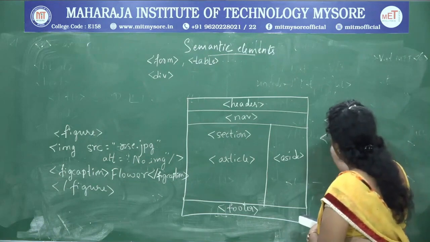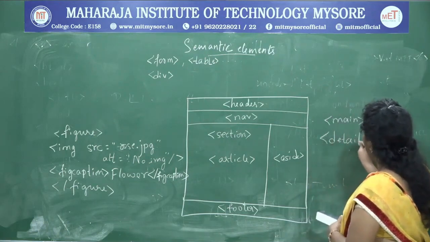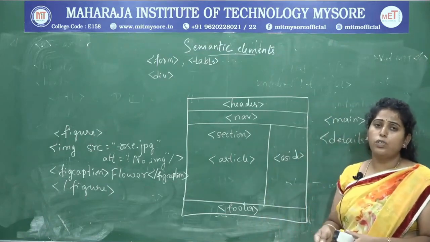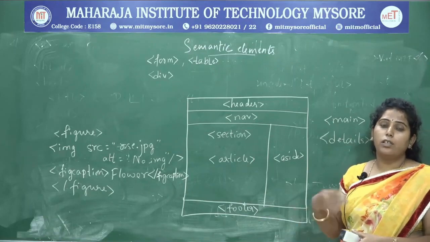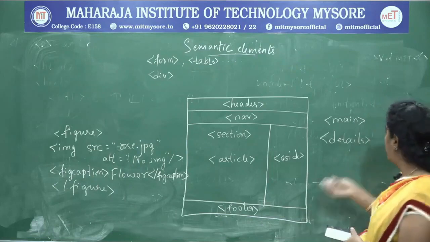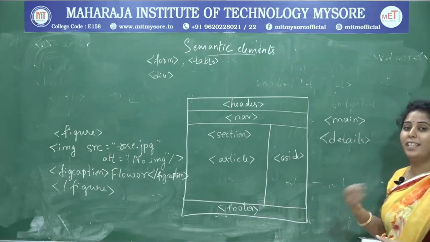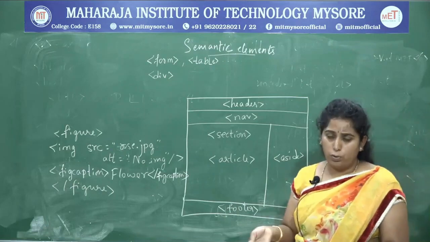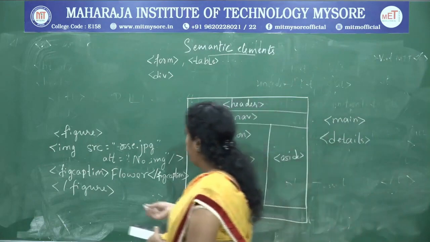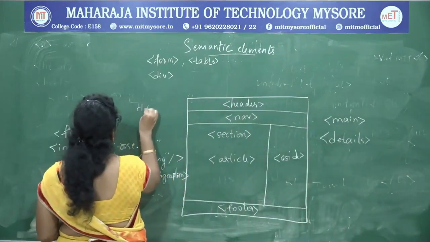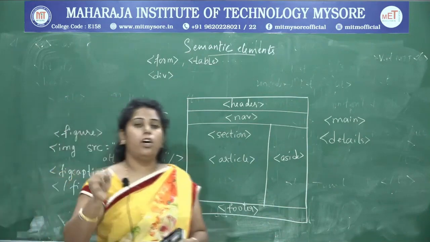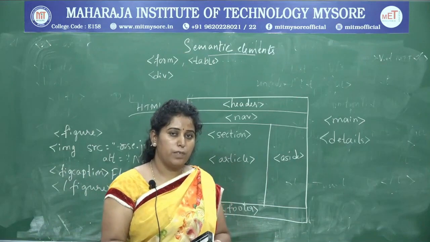So next is about details. Details means which gives the user flexibility. The user, on demand, can open that document or close that document. Okay. So details is used for providing detailed information. It's similar to a note. For example, I have used some term called HTML. This abbreviation may not be known to all users.